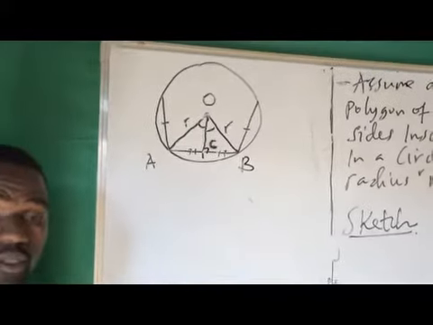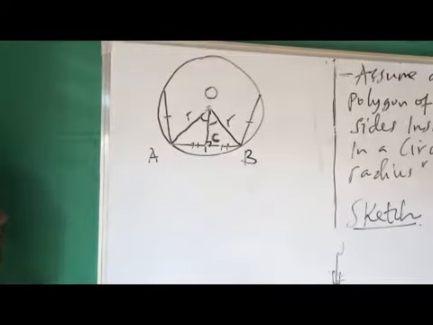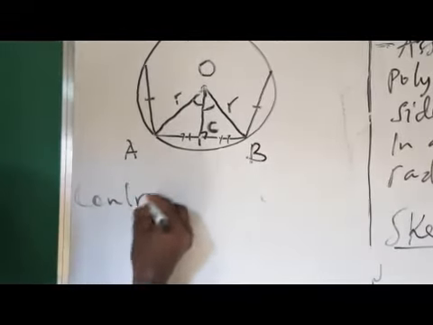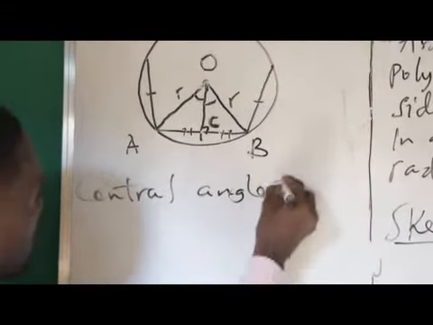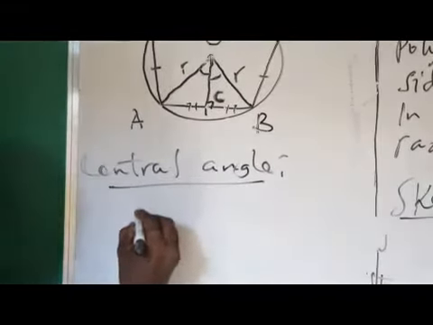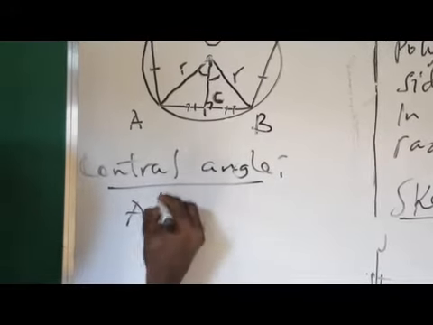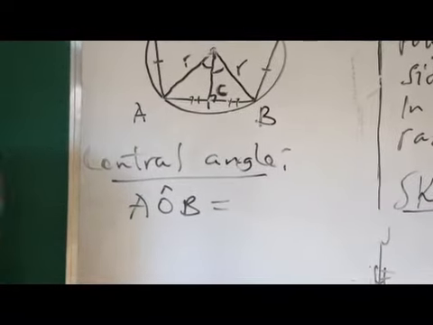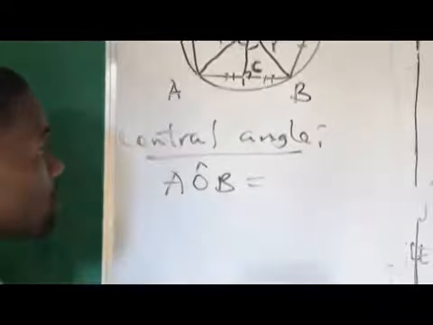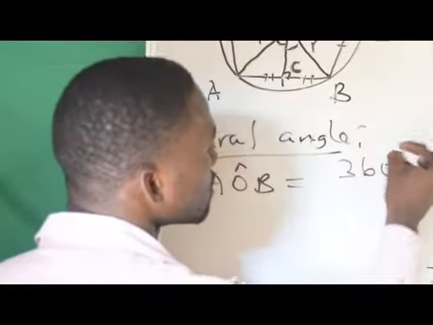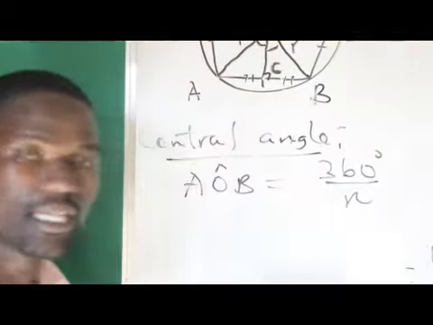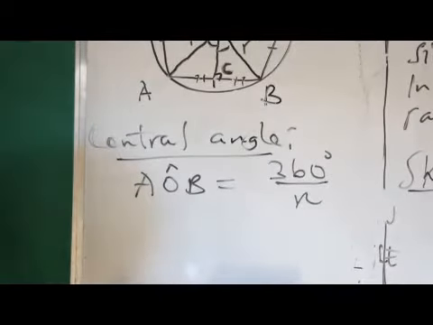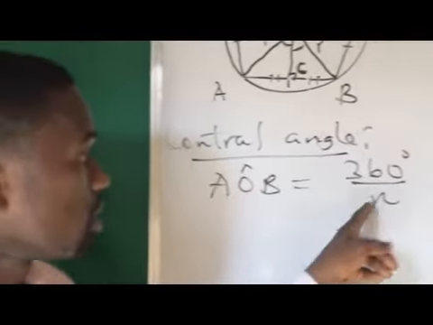Now from here we can try to extract some of the facts. So what we do is that the central angle AOB, by definition the central angle of a regular polygon inscribed in a circle, is given by the total angle of the circle, which is 360, divided by how many sides that shape has. If the regular polygon has 5 sides, you put 5 there.